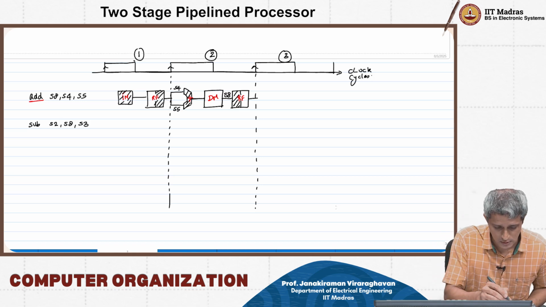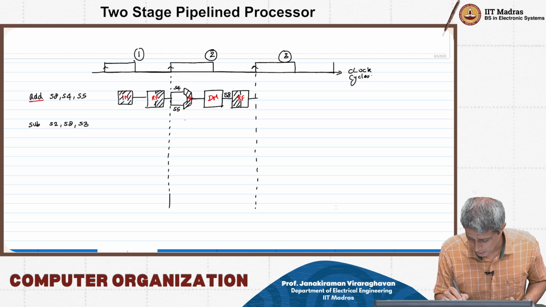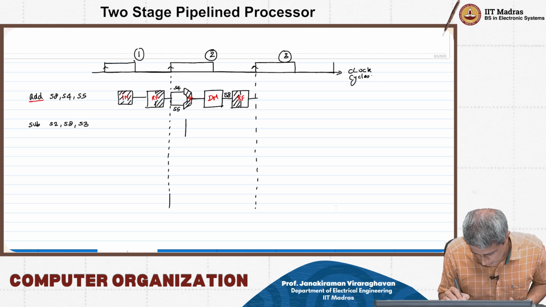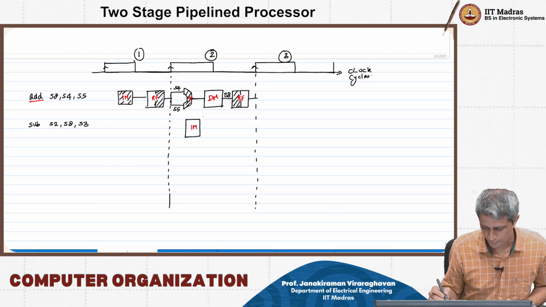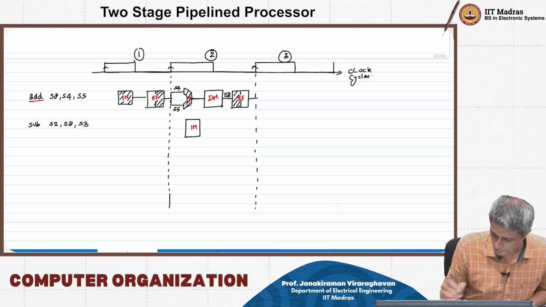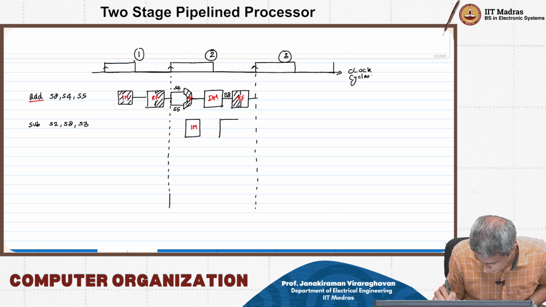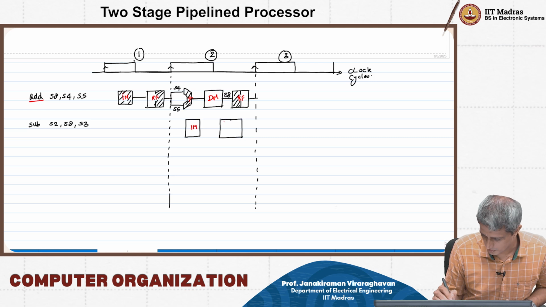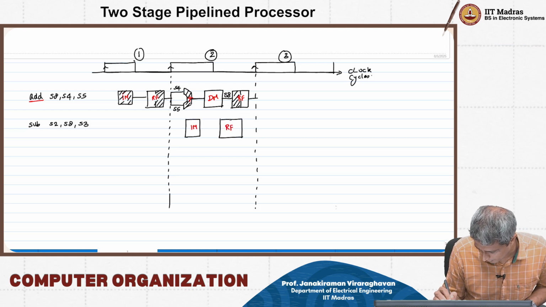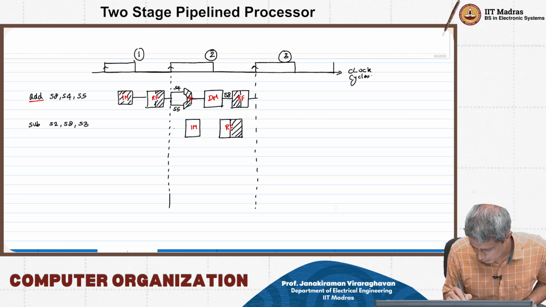So the instruction memory will get read here, and then I have a register file out here as well. Here it is, this is my register file, and this is happening again in one half of the clock cycle.